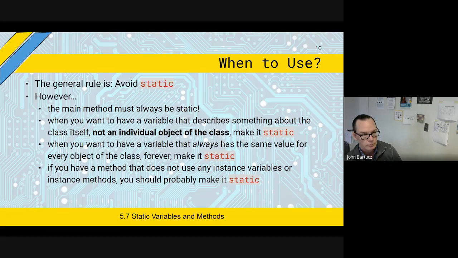So pretty much everything in the math class is static because there's nothing stored, there's nothing to change, there's no two different unique versions of math that you need to create. It's always the same for everybody. So if you have a class like that, that is the only other case I can think of where you really need a static variable or a static method.